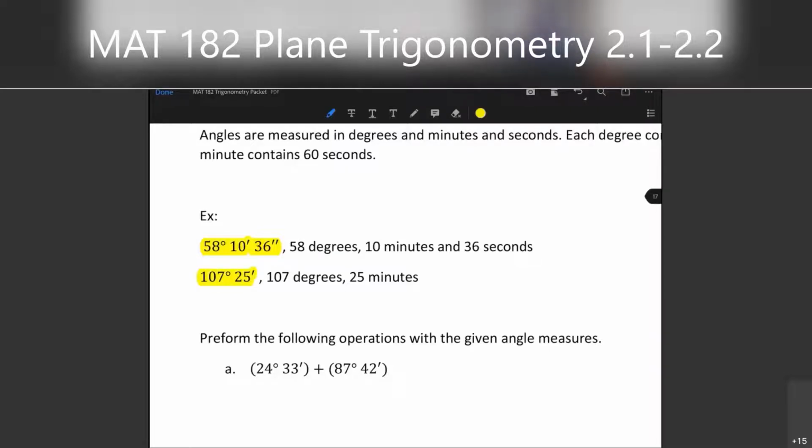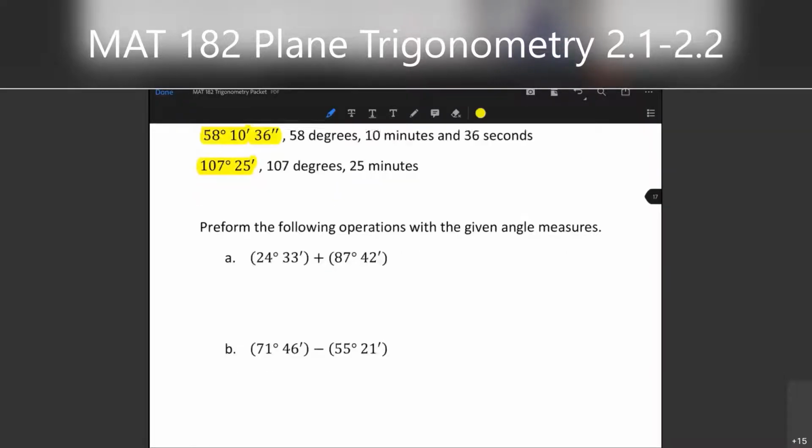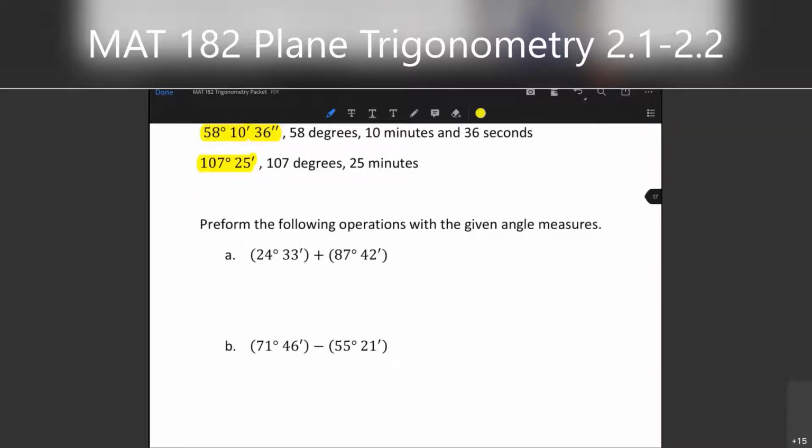So let's just do a little bit of angle calculations, just arithmetic ways. If I wanted to perform addition and subtraction with these fractional minutes, we can take a look at adding or subtracting based on our degree measurements and our minute measurements.